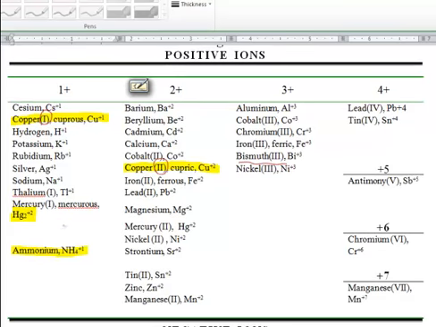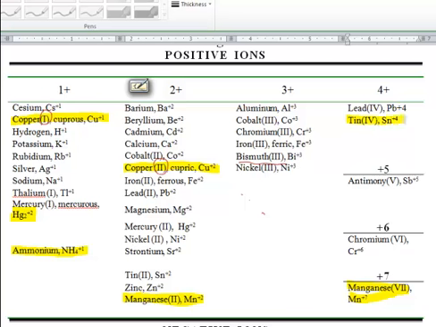Then you can have manganese 7, and manganese 2, so you have to tell.